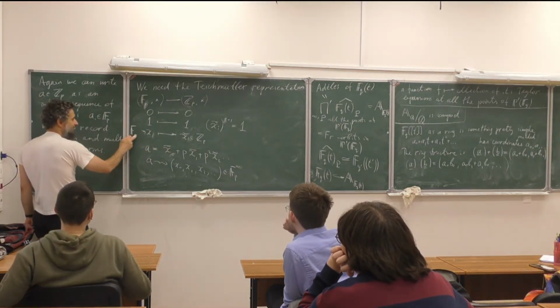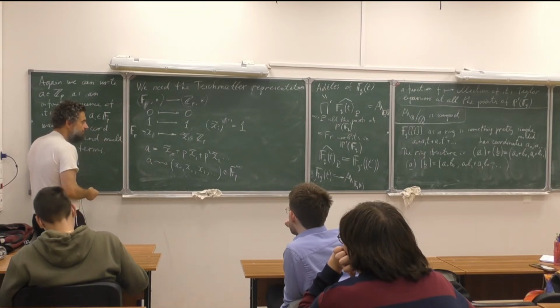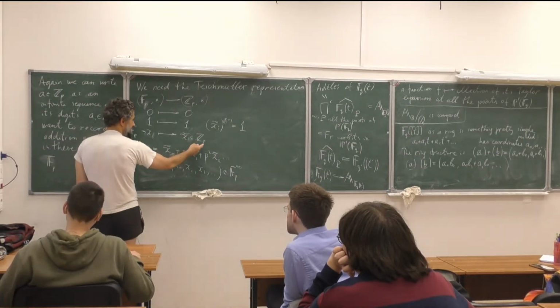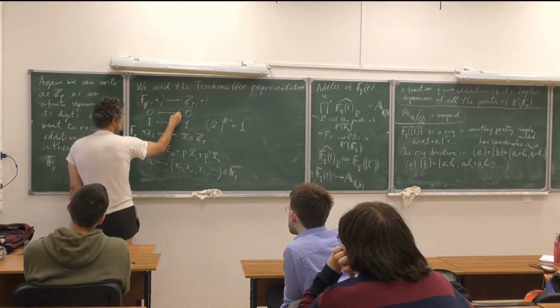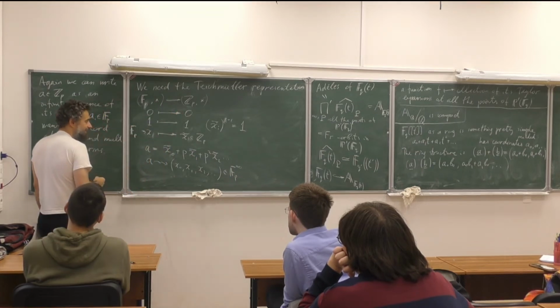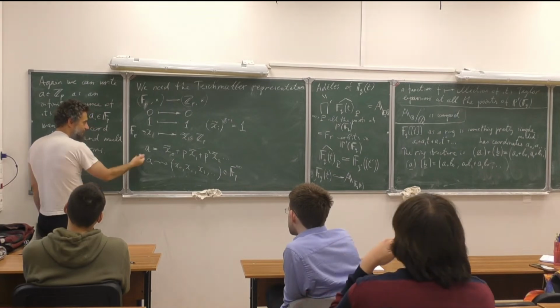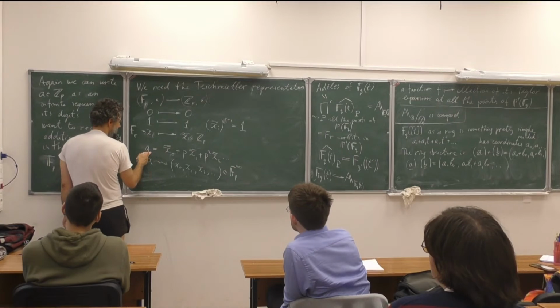Any element in the finite field lifts to a p-adic integer. And we don't really need 0, maybe, because it gives nothing.